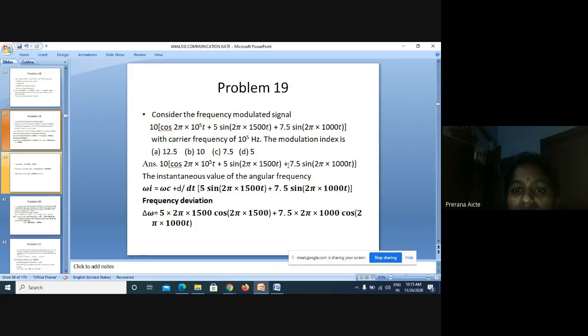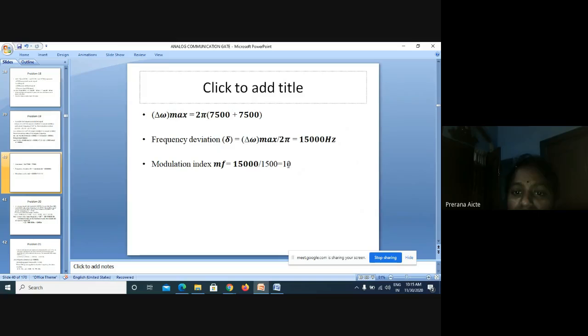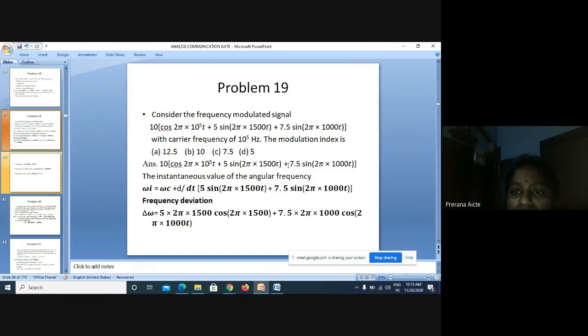If they ask us to find the modulation index MF, it can be derived in this way. First we'll find our del F, the frequency deviation. In order to find this del F, first we'll find the instantaneous value of the angular frequency omega i.